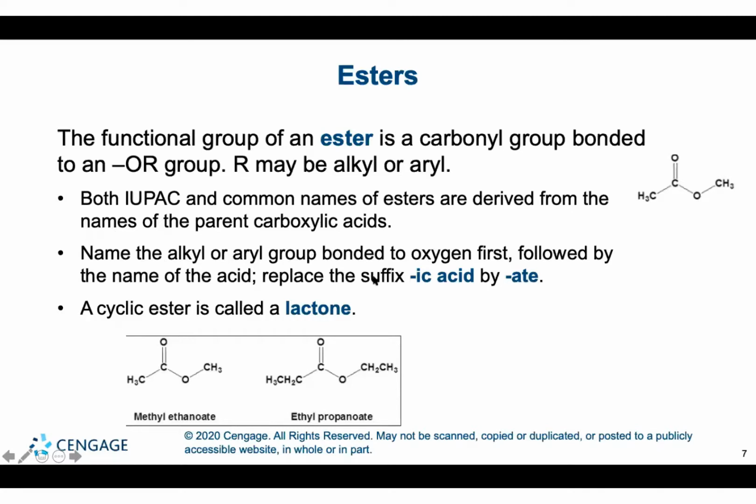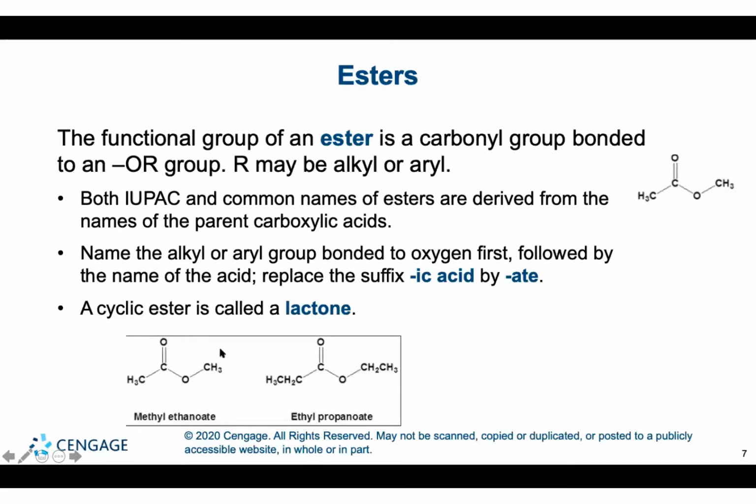So how do you name the esters? You are going to first write the alkyl group, like a branch, before the root name. When you look at the oxygen, you see what is attached to oxygen directly.